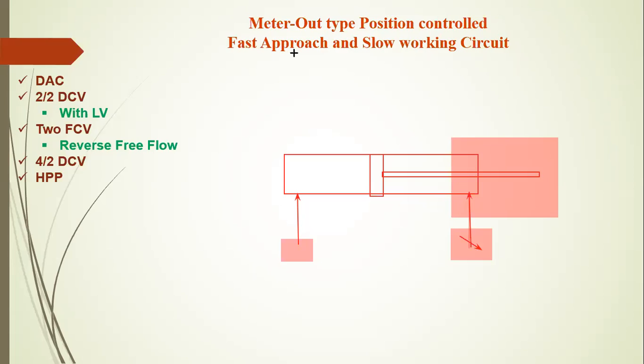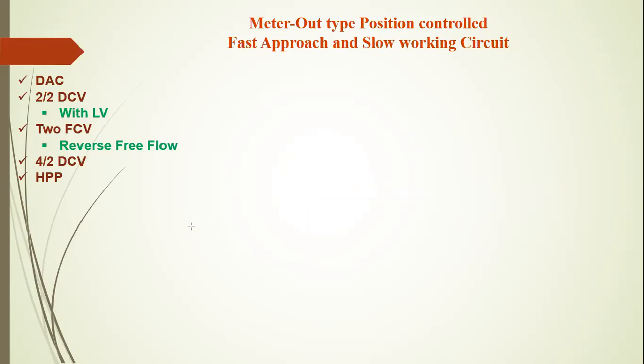Let's check the required number of components for this drawing. One component required is the HPP, the hydraulic power pack. It contains one hydraulic tank, one hydraulic pump and motor set, and one direction control valve.